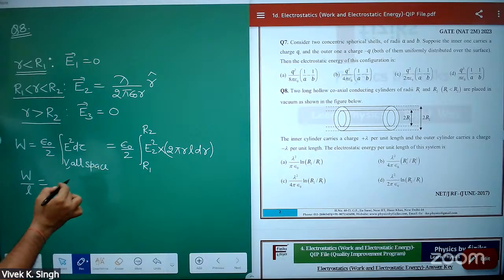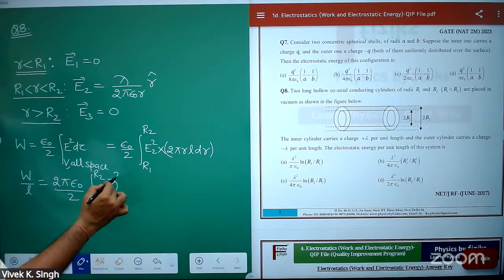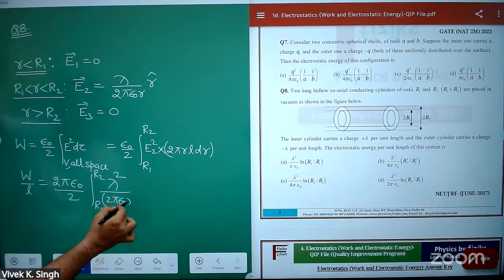So I'm writing this equation as 2 pi epsilon naught by 2, R1 to R2, lambda square by 2 pi epsilon naught R whole square into R dr.